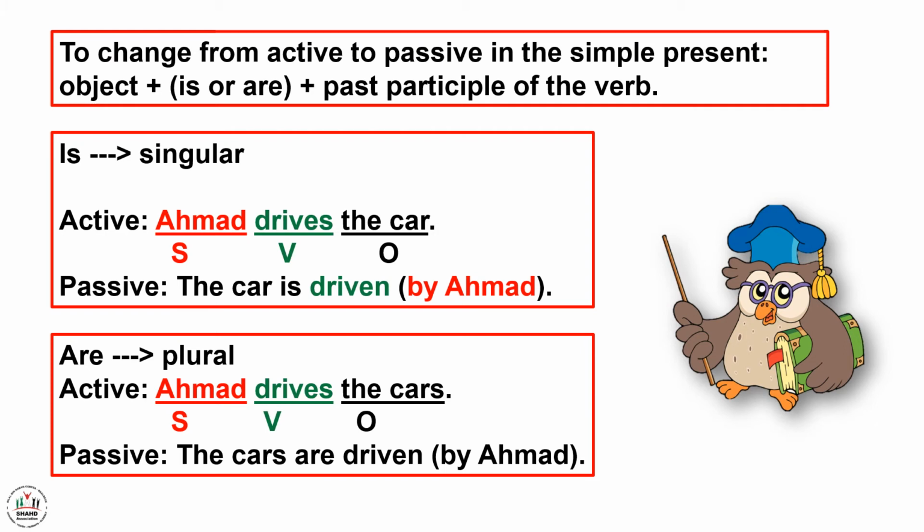Look at the following example. Ahmed drives the car. Ahmed is the subject, drives is the verb, the car is the object. To change this sentence into passive voice, we start with the object, the car, then we use is, we use the verb in the past participle, driven, then we add by Ahmed.